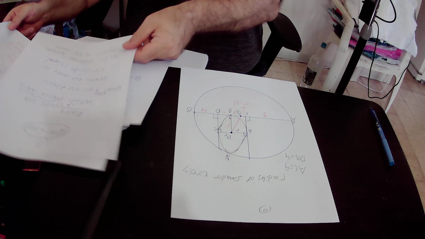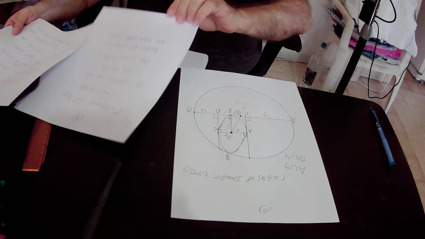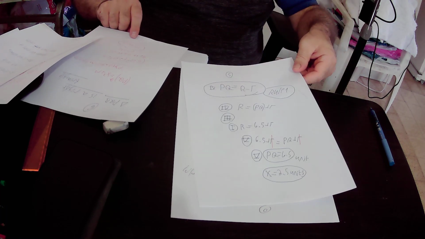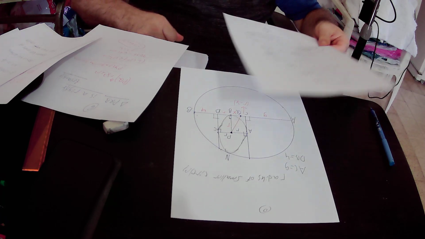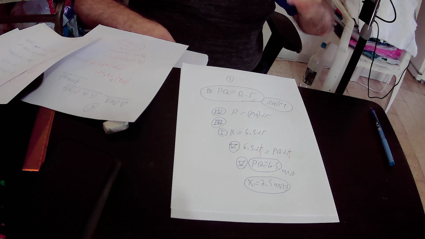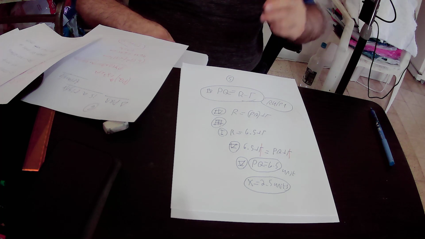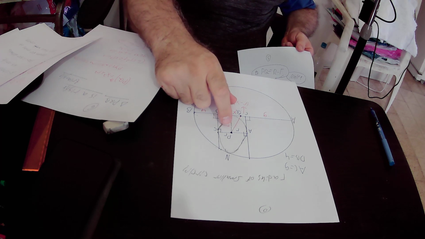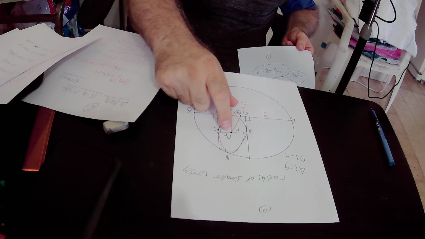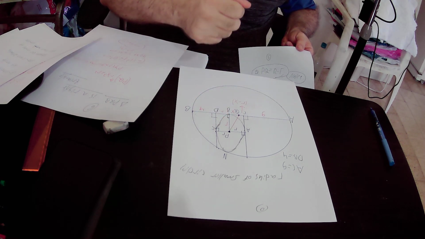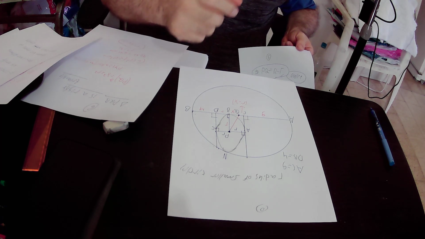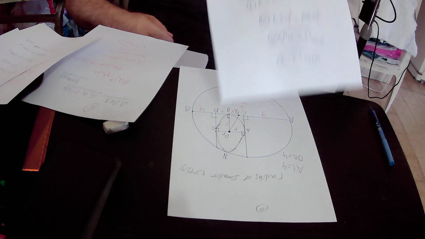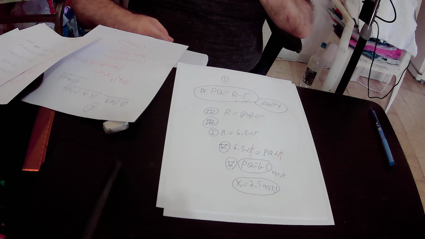Okay, according to rule number 1, the implementation of rule number 1 in our drawing gives us equation number 4 that states that PQ equals capital R minus small r, because the distance between the centers of the two circles, that is to say PQ, equals the difference between the radiuses of the two circles. This is equation number 4.